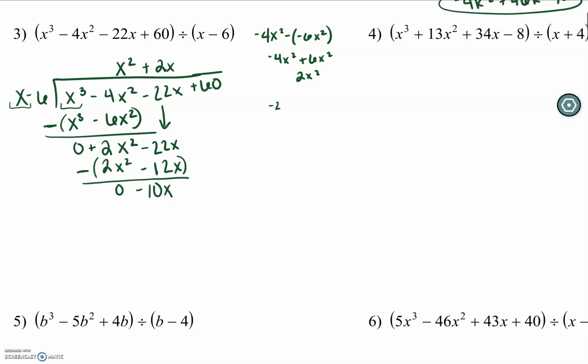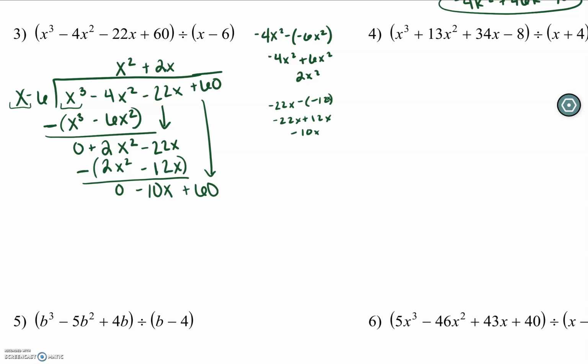Again, if you want to see it off here to the side. So now we have 0. X minus 6 cannot go into a monomial, so we're bringing 60 down.